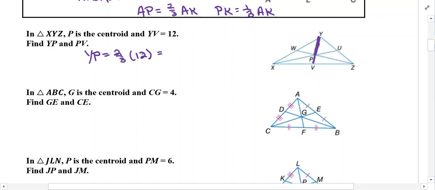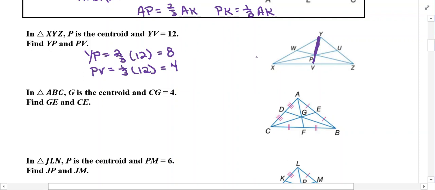So 3 goes into 12 4 times, so this would be 8, so YP is 8. PV is 1/3 of 12, and that would be 4.